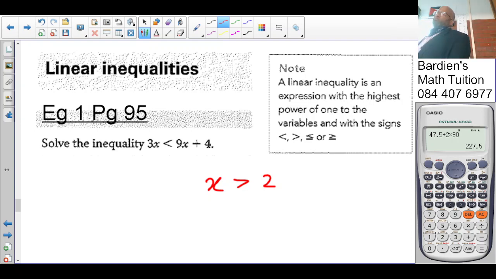What does that mean to say? It means that x can be any value that is greater than 2, for example 3, 4, 5, 12, and so on.